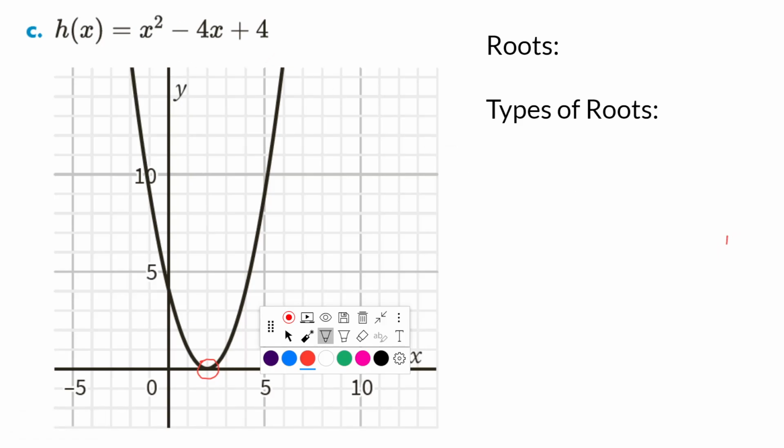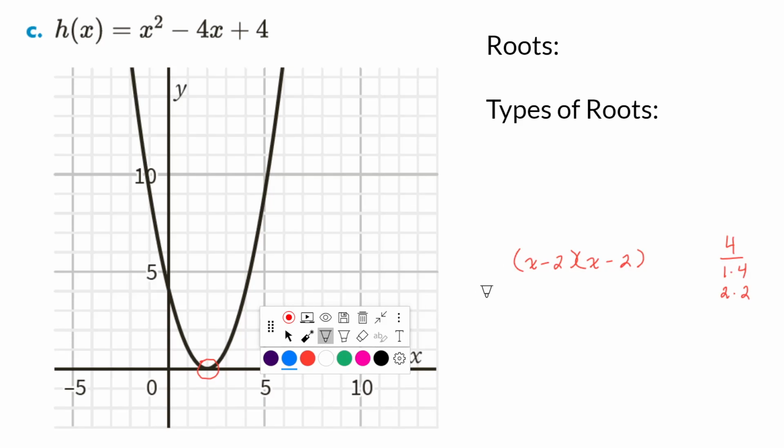So if I look for factors of 4 that I can combine to get a negative 4, that's going to be the 2 and the 2. If they are both negative, they will multiply to give me a positive, and when I add them, they will give me the negative 4.